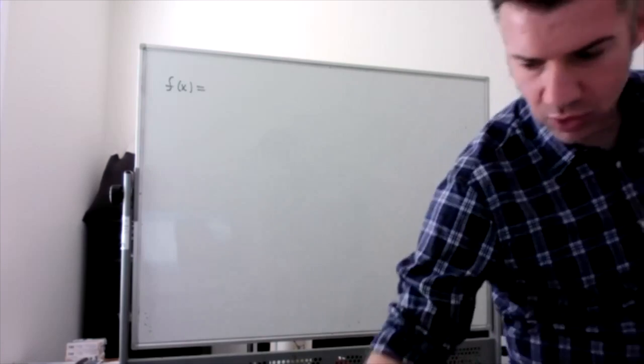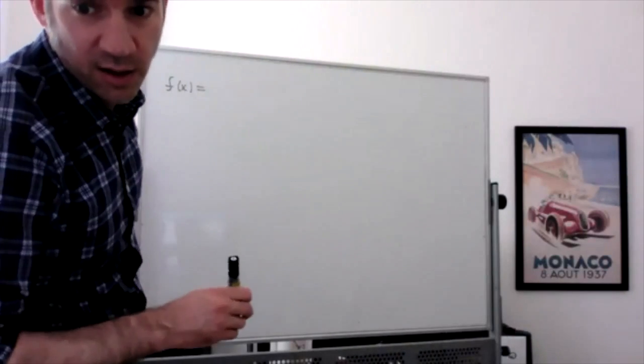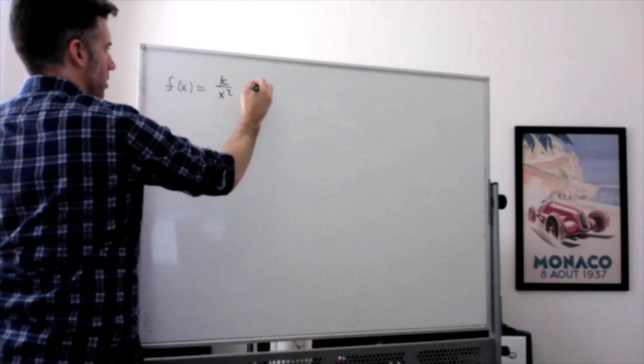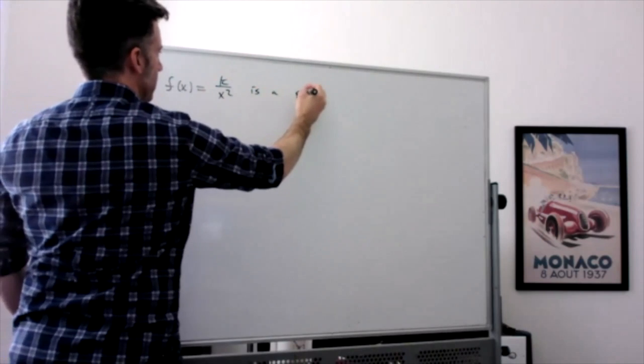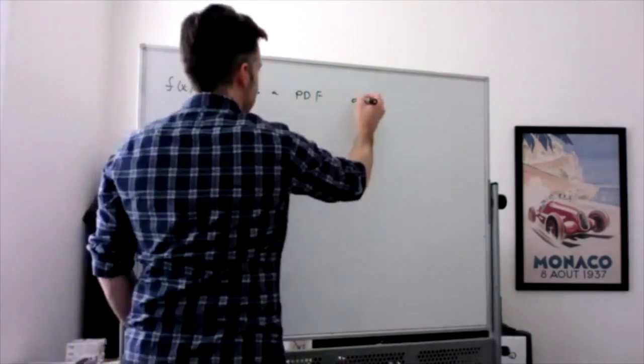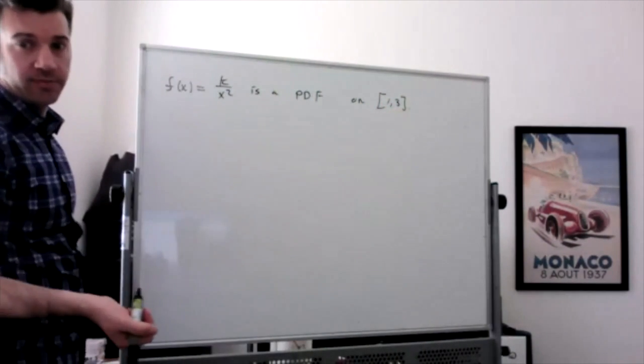Okay, so f of x equal to k over x squared is a PDF, a probability density function, on the interval from 1 to 3. Find k.